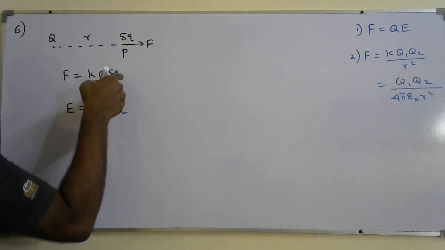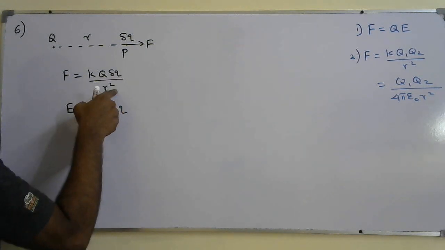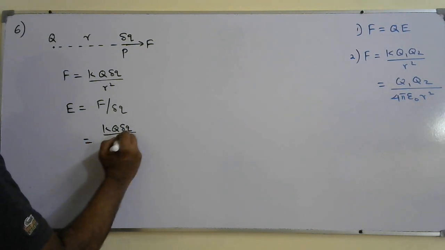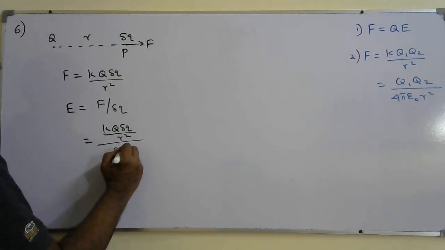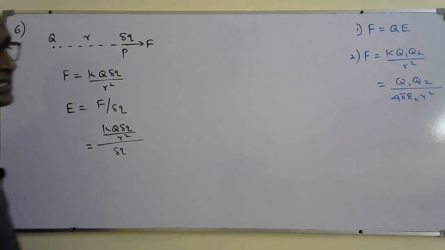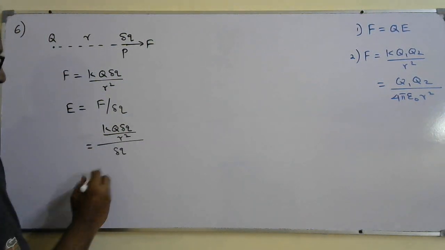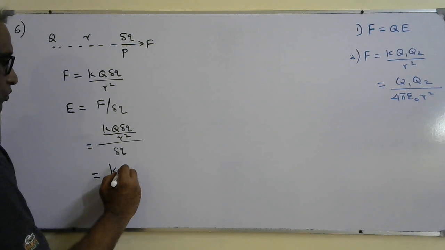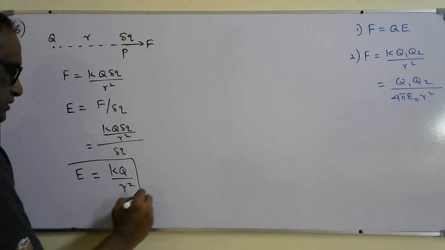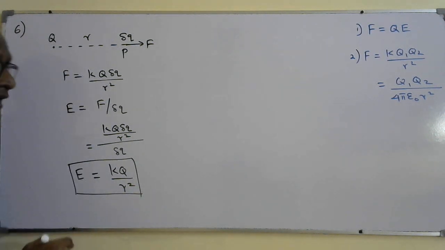So KQ delta Q over R squared divided by delta Q will give the electric field strength at point P. Here delta Q and delta Q get cancelled, so it becomes KQ over R squared. That is the next equation you must know, which gives the electric field strength produced by a point charge Q.